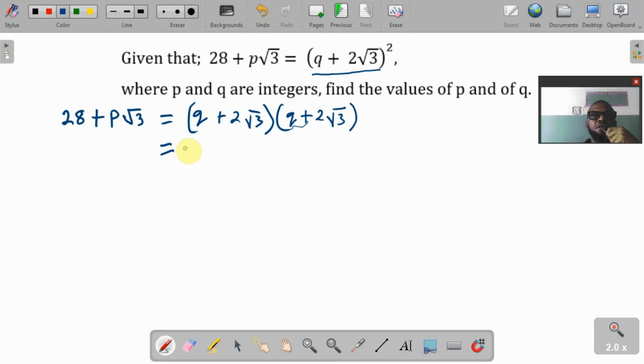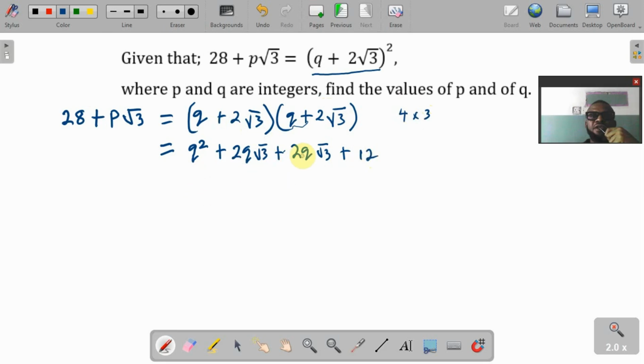Q multiplied by Q, I have Q squared, then plus Q multiplying 2√3, I have 2Q√3, plus another 2Q√3, then plus 2 multiplied by 2 is 4, √3 multiplied by √3 is 3, so 4 times 3 is 12.